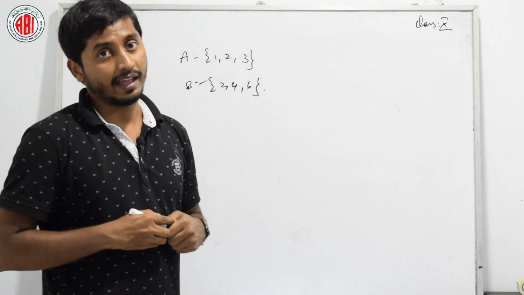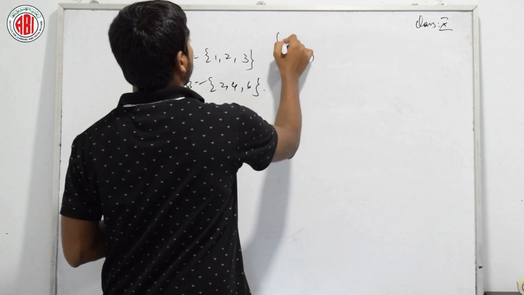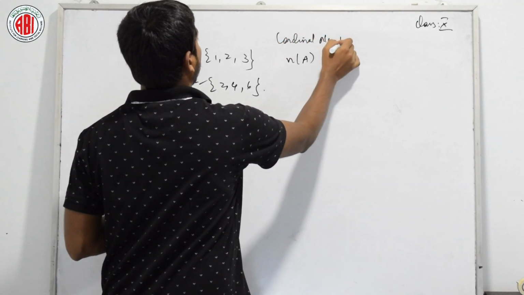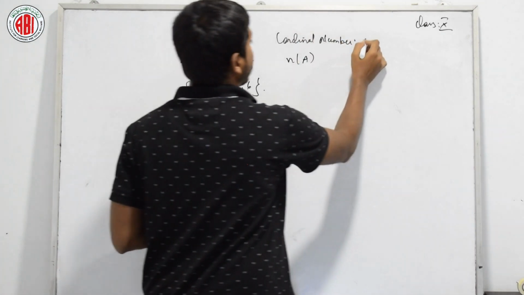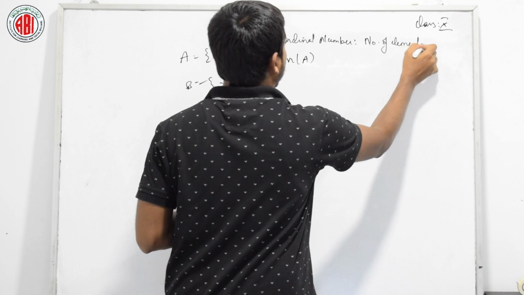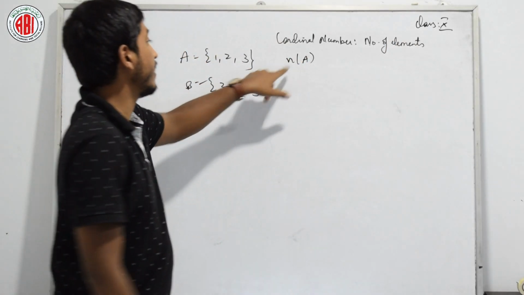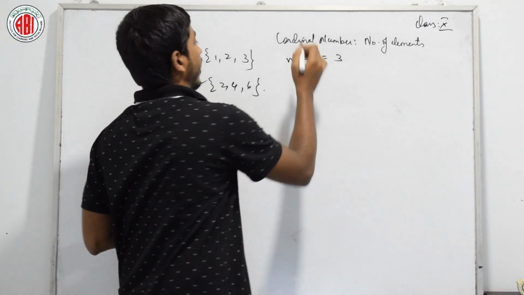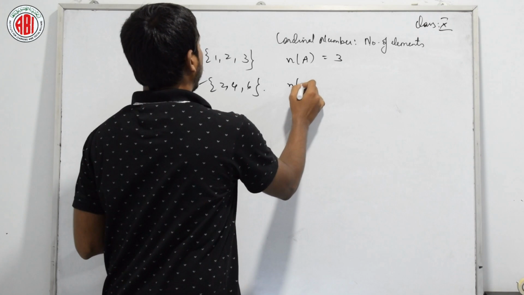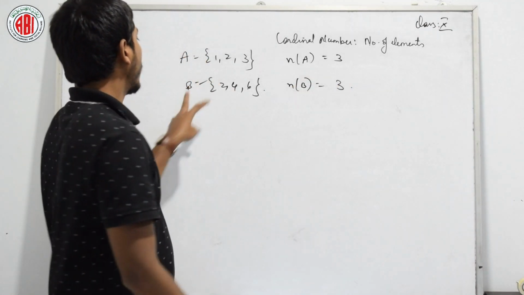That is defined as n of A, the cardinal number, or the number of elements in a set. How many are there? There are 3. In B, how many are there? There are 3.